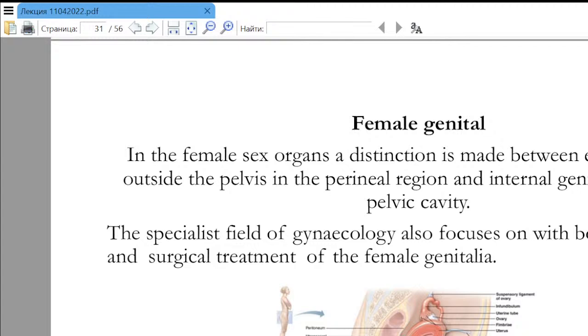The specialist field of gynecology also focuses on both conservative and surgical treatment of the female genitalia.